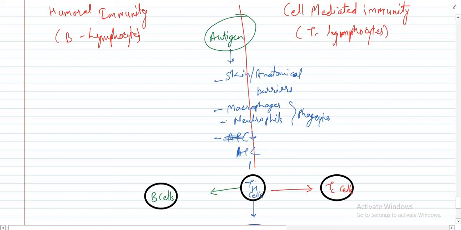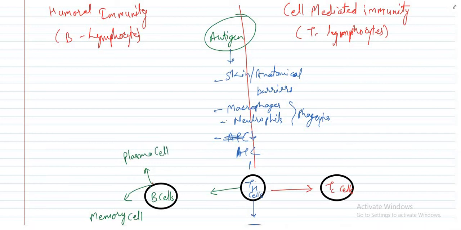Whenever B cells receive the signal, they give rise to two other kinds of cells. One is the memory cell, and the second is the plasma cell.